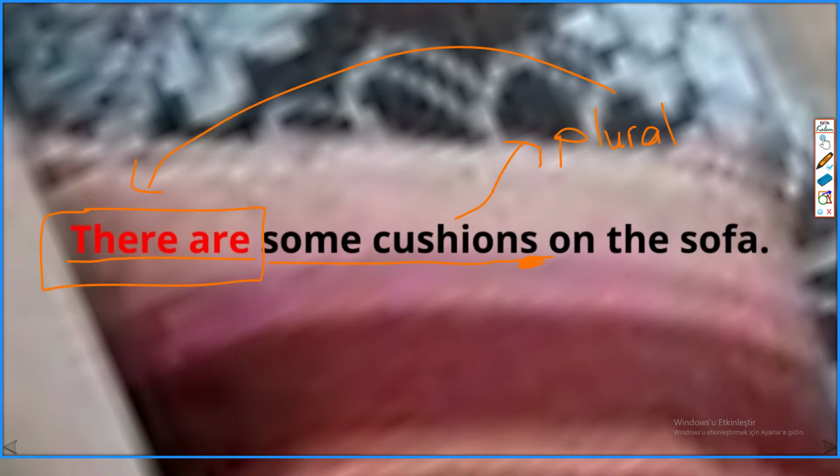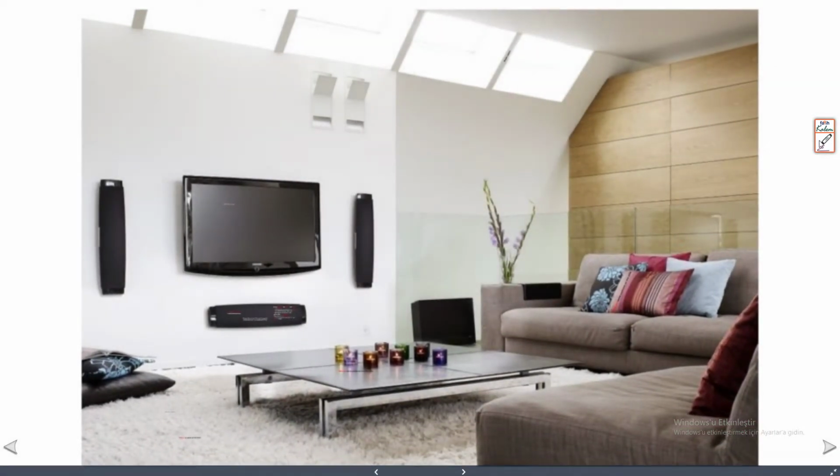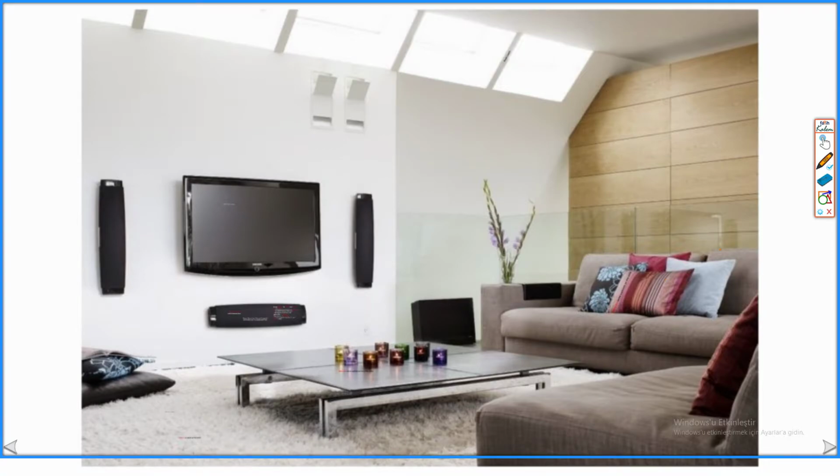There are, because it is plural and we have some cushions. There are some cushions on the sofa, and this is our sofa.